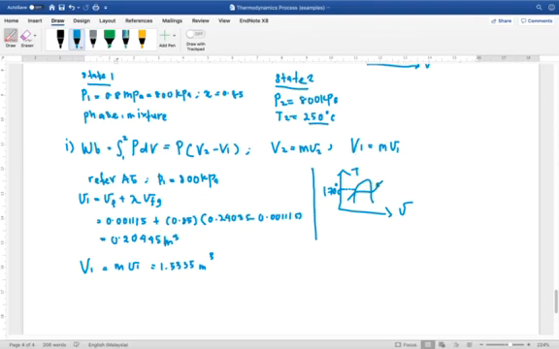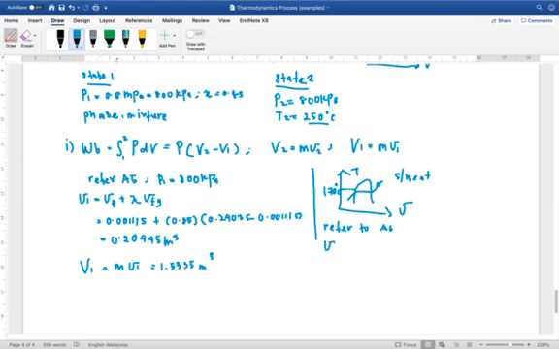So it means that state 2 is in the superheated phase. Got it? Since state 2 is superheated, I have to refer to table A6 at pressure of 800 and temperature of 250.